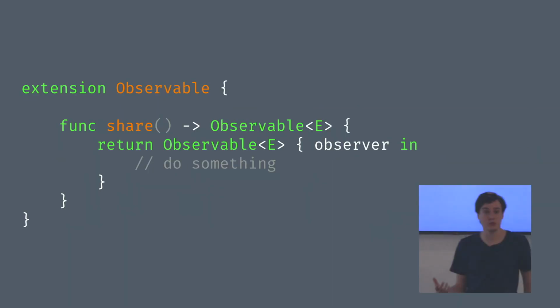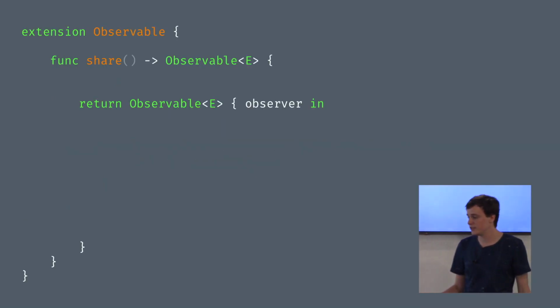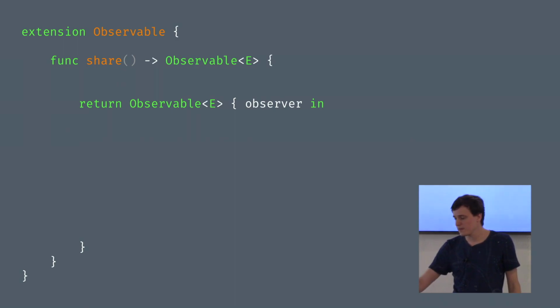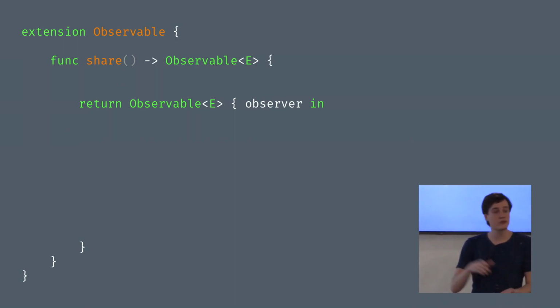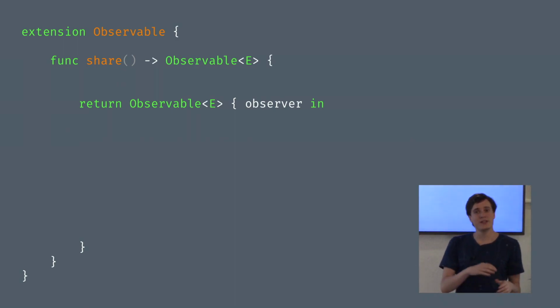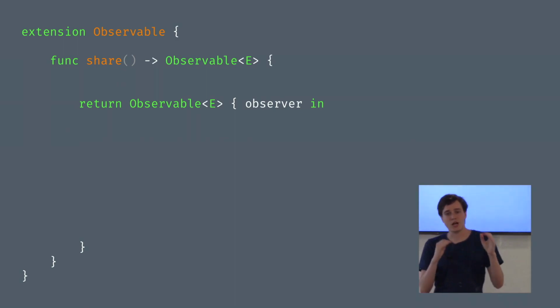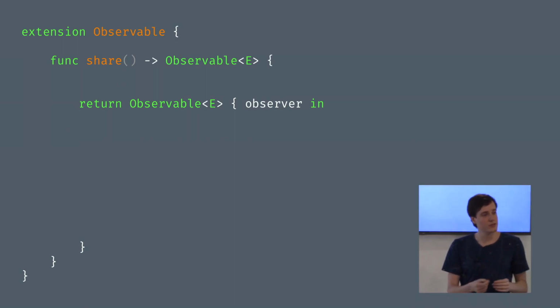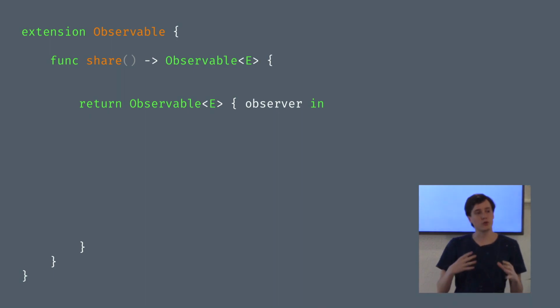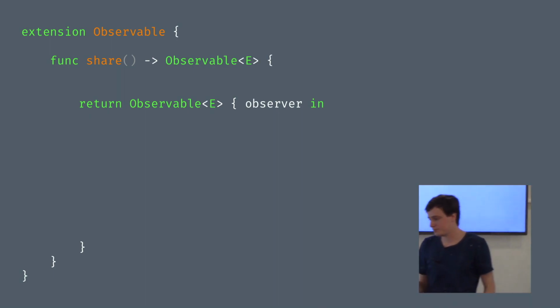So how do we do that? We can do that, of course, with an operator. So we can define a share operator. Again, it will fit on the slide. What we need to do is, whenever we're going to return a new observable that should, no matter how many observers subscribe to it, only subscribe once to the original observable.